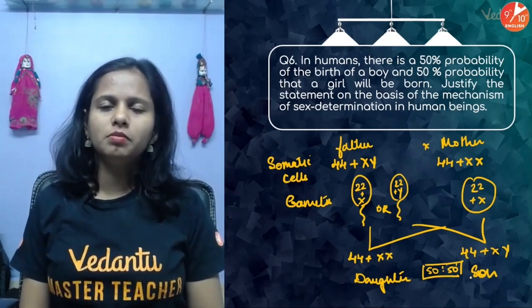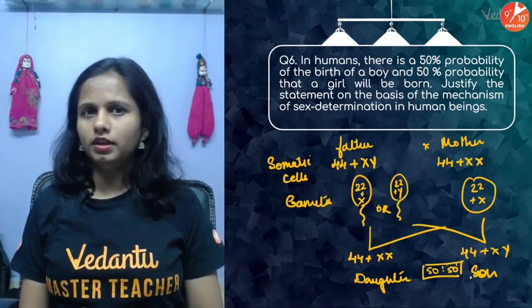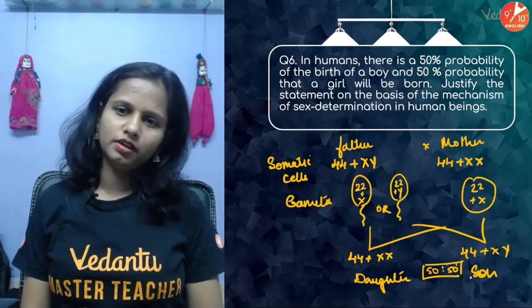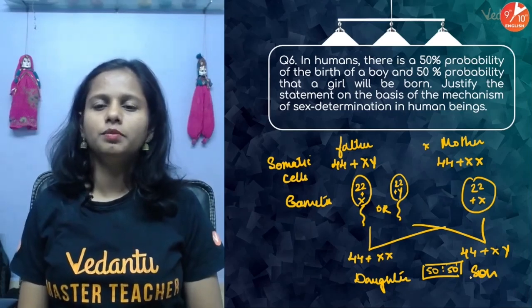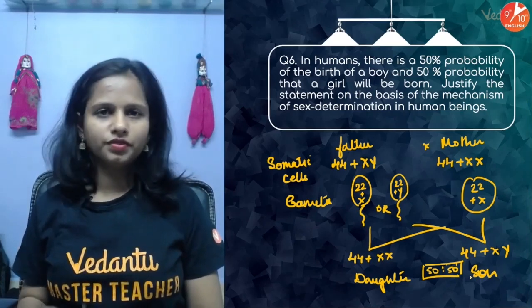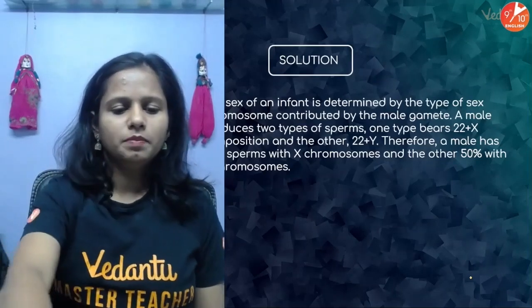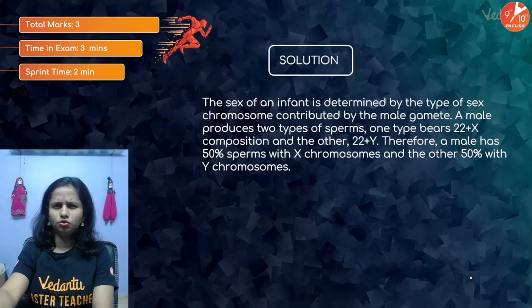So the possibility of the fusion of the sperm with the egg cell, of the two different types, always remains 50-50, and hence the sex of the child is determined by the father, and the probability is always 50-50. The entire answer has been mentioned over here in a very nice manner. Please go through it.